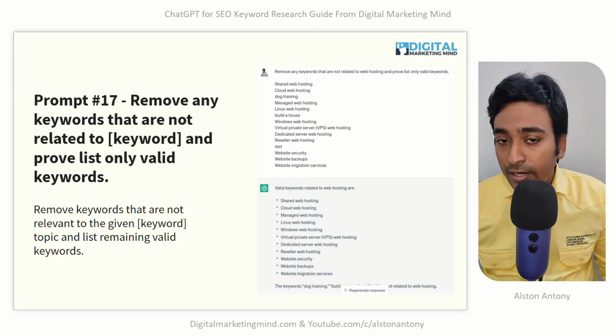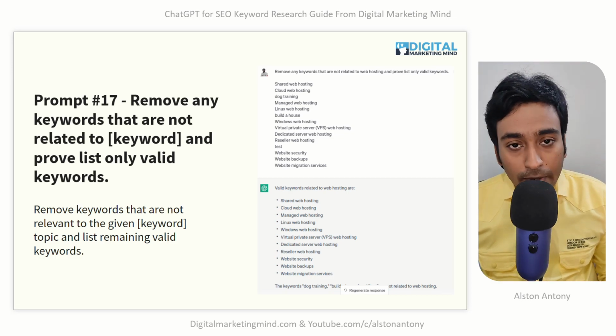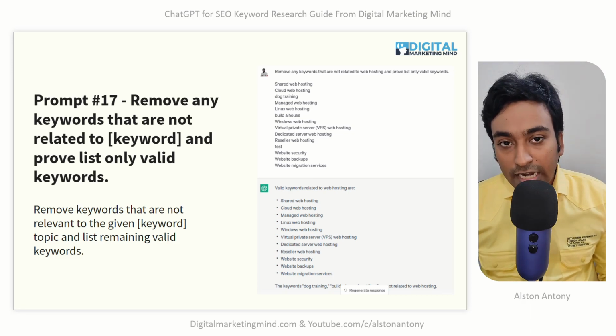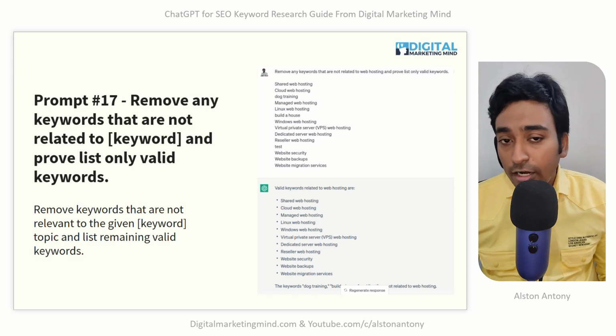I can specifically ask ChatGPT, and with its AI capabilities, it is able to understand my topic and which keywords are likely to be relevant to it, and it can list them out and remove any invalid keywords.